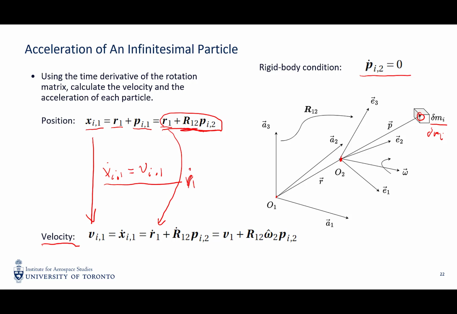But here, for R12 times pi2, if we take the time derivative of this matrix multiplication and apply the chain rule, it should give us two terms: R12 dot times pi2 plus R12 times pi2 dot. Because this is a rigid body, we know that pi2 dot is equal to 0.